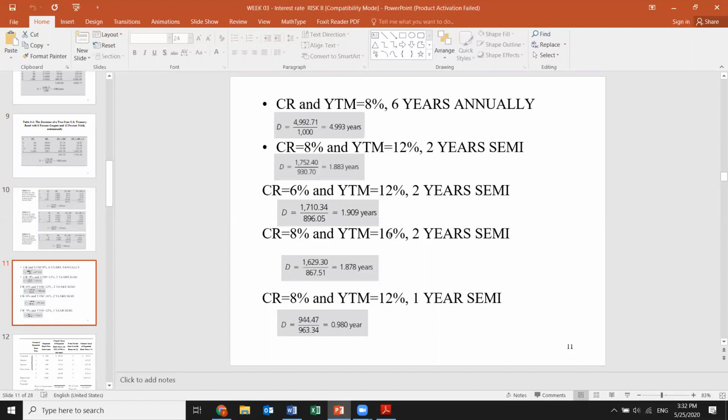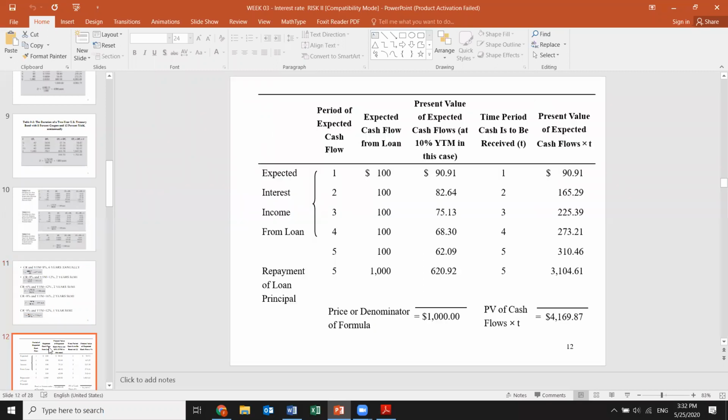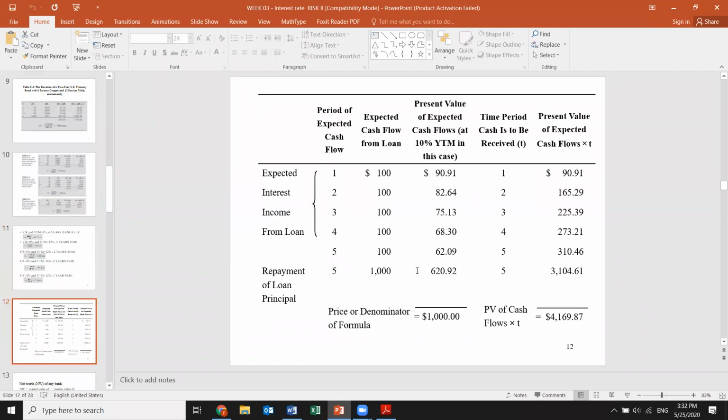And of course, that made duration fall more, to 1.878 years. And when the coupon rate is 8% and YTM is 12%, and maturity is reduced to 1 year, the duration falls even further. Okay, this is another example. I'm not going to go over it.